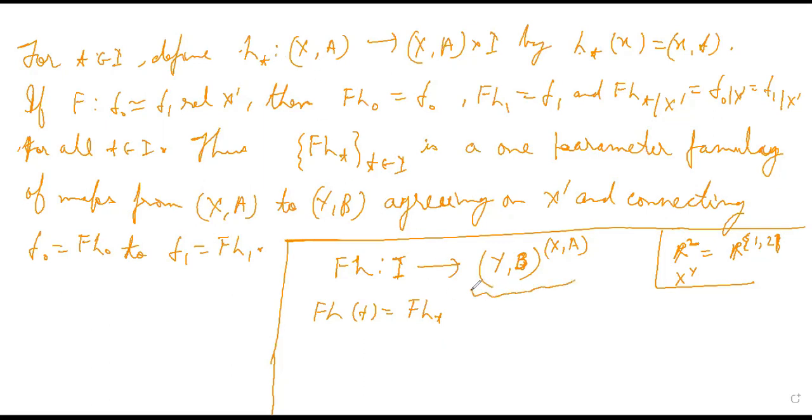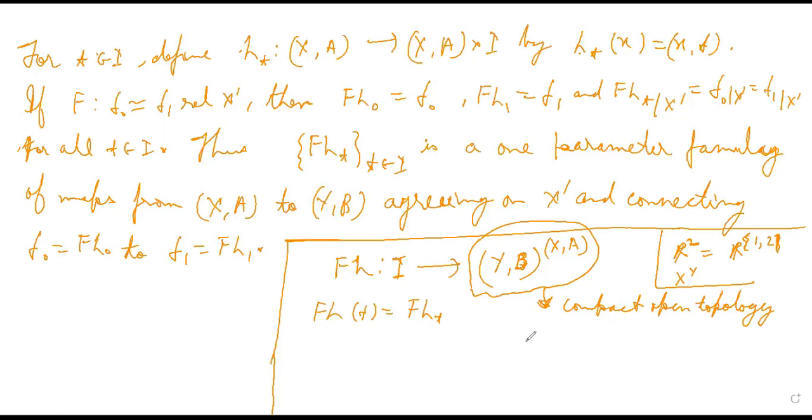This is a set, and we can put a topology on it. Of course, we can put many topologies, but for our purpose we can put the compact open topology. So what is the compact open topology?